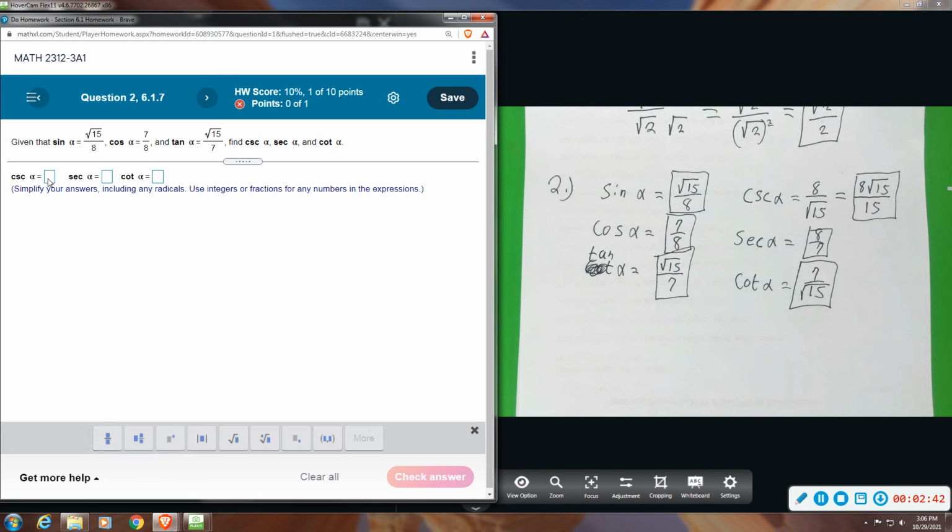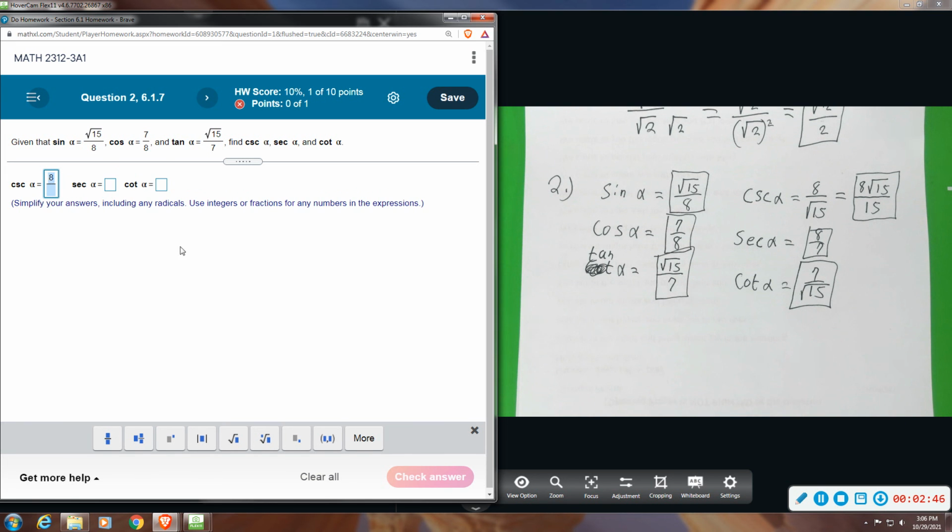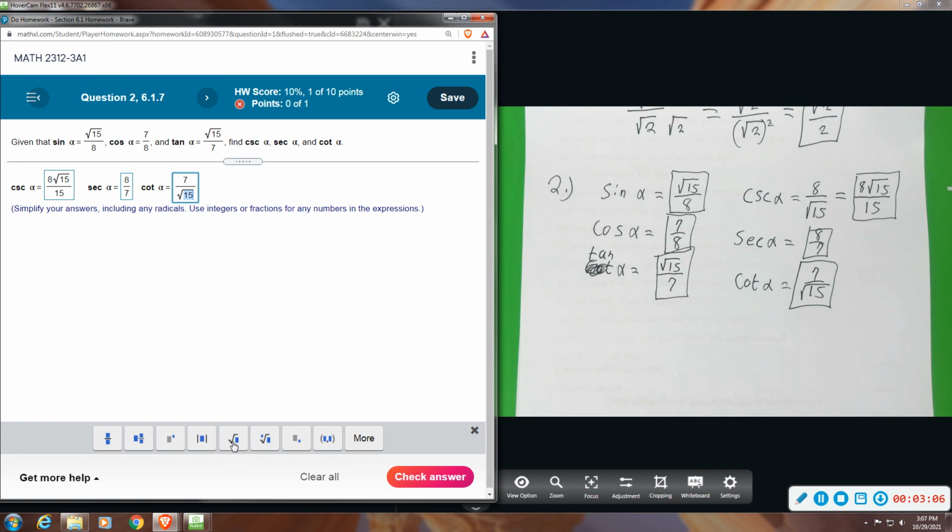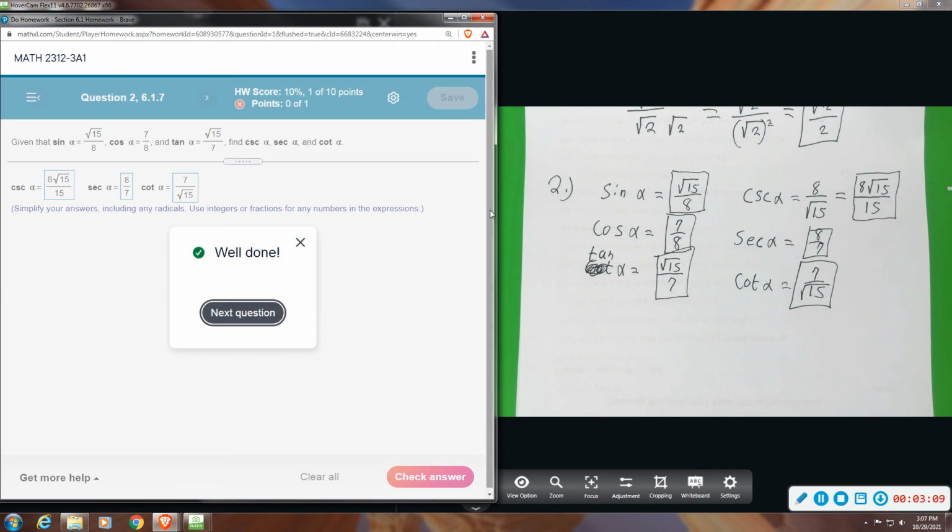So cosecant I'm going to put as 8 square root of 15 over 15. Secant I'm going to put as 8 over 7, and cotangent I'm going to leave in its improper form, 7 over the square root of 15. Okay. It accepts them all for right now, but actually this is not the correct form. Just be mindful.